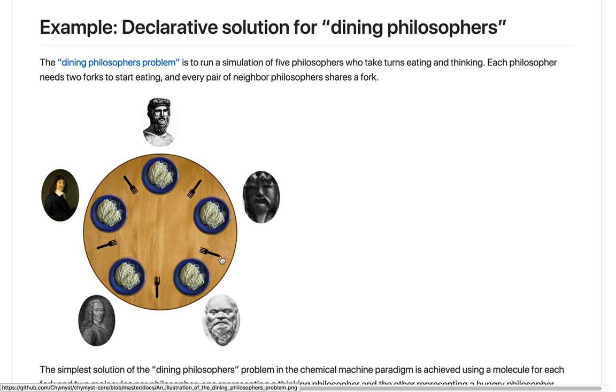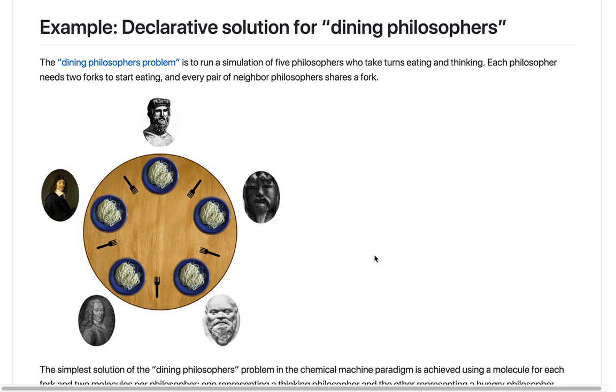So the philosopher takes the 2 forks next to that philosopher and uses them for eating. And while that philosopher eats, therefore, none of the neighbors can eat because the fork is taken. When the philosopher, again, after a random time, stops eating, the philosopher puts the forks back on the table. So the problem is to simulate this behavior and to decide who gets to eat and when, so that they don't wait too much for each other.